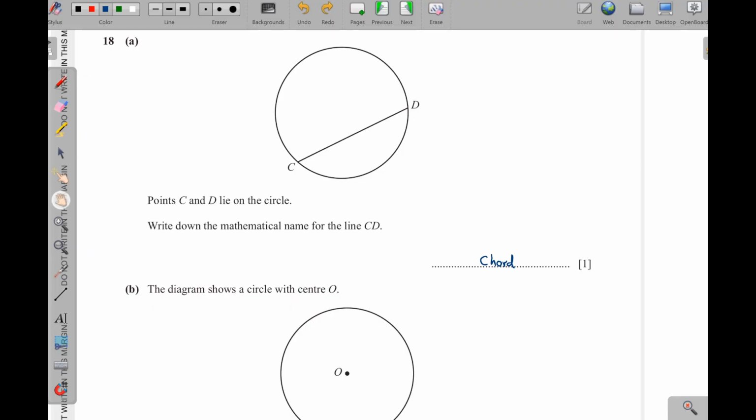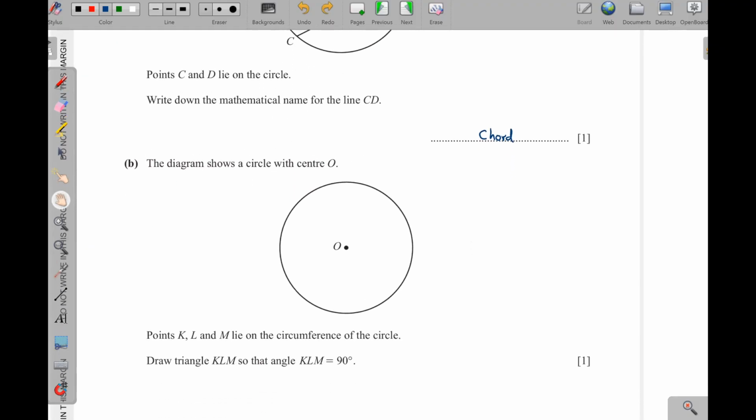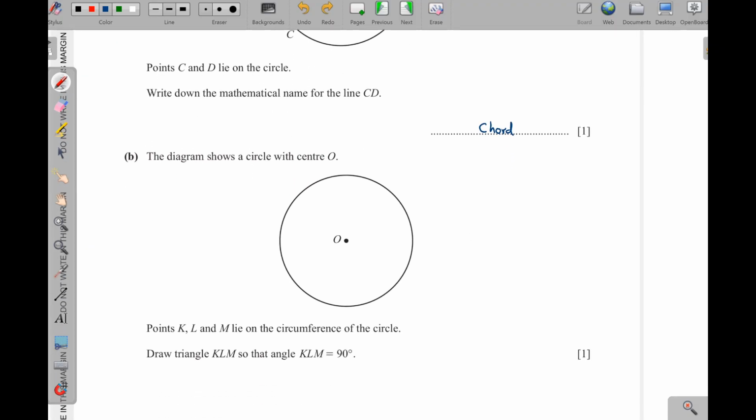Okay. The next part B, they are saying the diagram shows a circle with center O, points K, L, M lie on the circumference of the circle. Draw the triangle KLM so that angle KLM is 90 degrees.